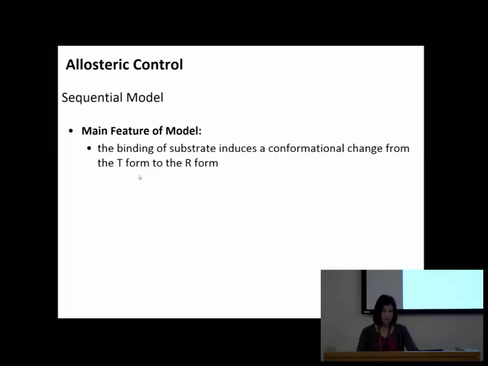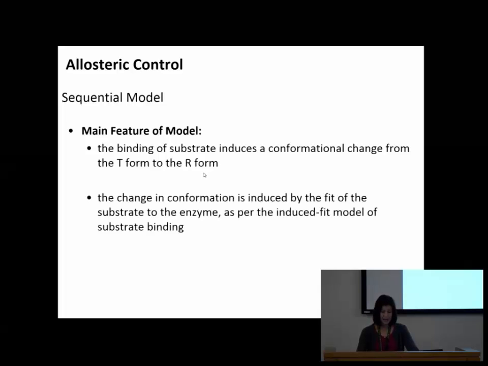Then the substrate actually binds to the taut form, and that binding changes that subunit to the relaxed. Once that one subunit changes to the relaxed form, it changes the conformation of the other subunits.